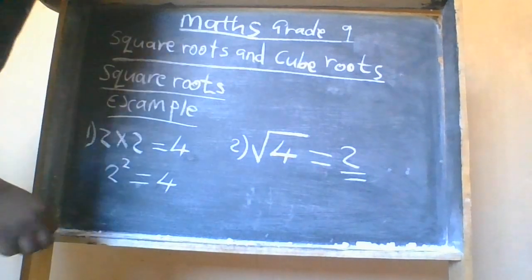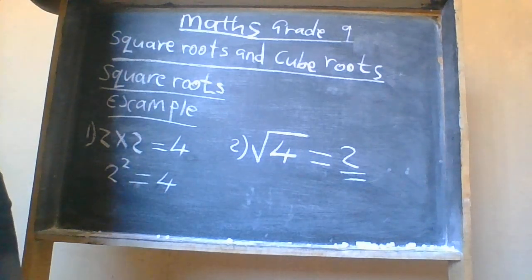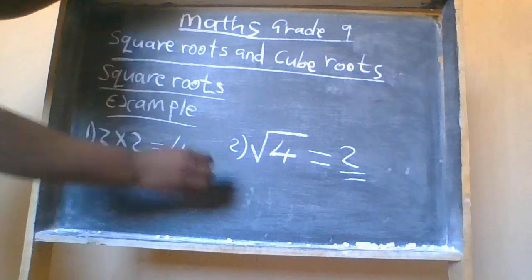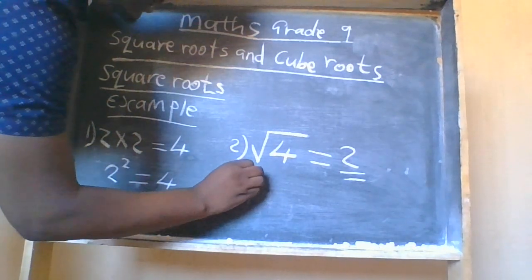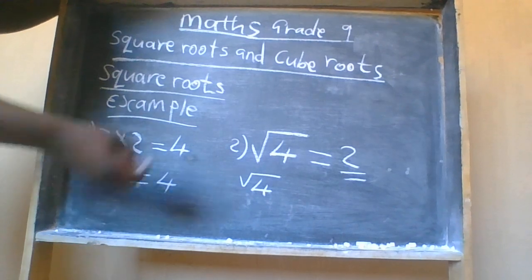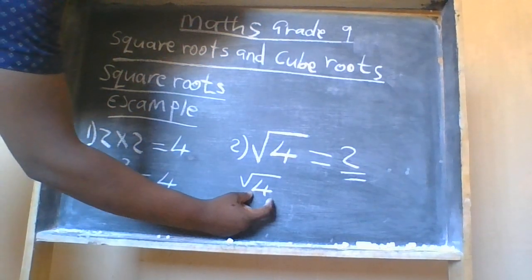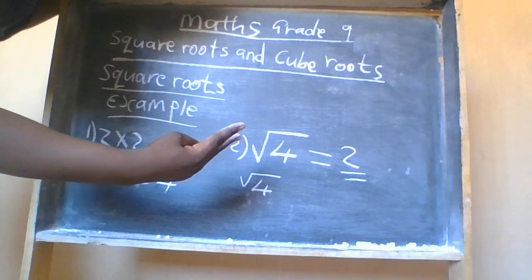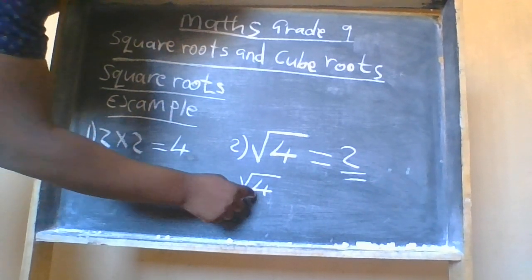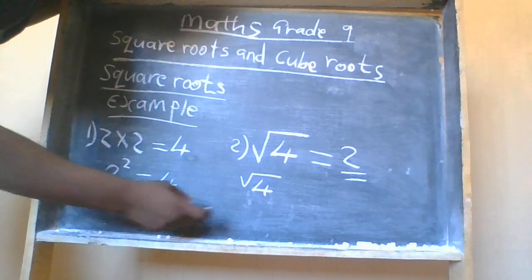someone might ask, but how did you get that 2? So what do I do? Since we have the square root of 4 there, what do we do to find the original number? We can break down this 4. What numbers, when we multiply them, will give us 4?